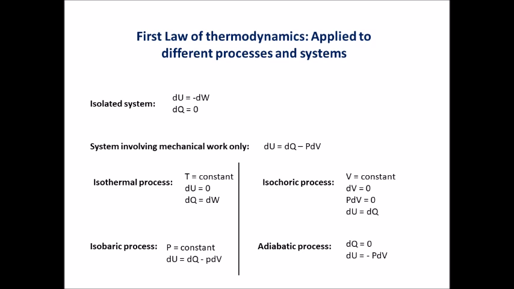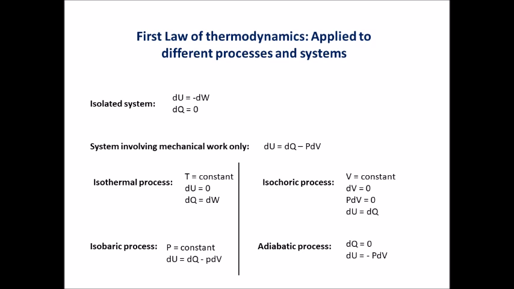Why? Because the first law says dU is equal to dQ minus dW. So, if dU is equal to 0, then dQ minus dW is equal to 0, or dQ is equal to dW.